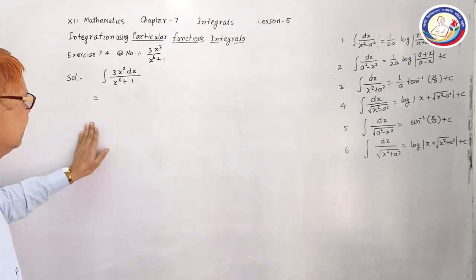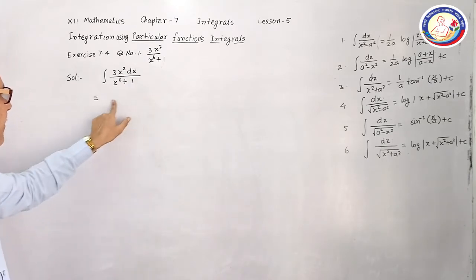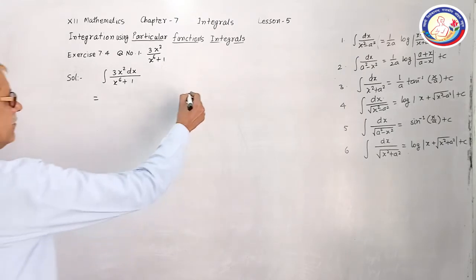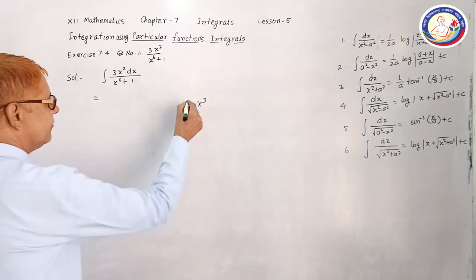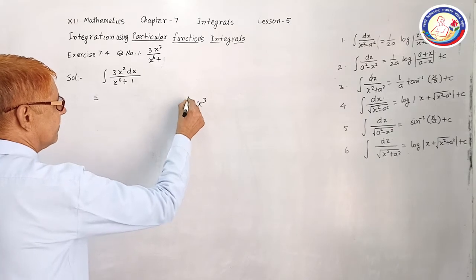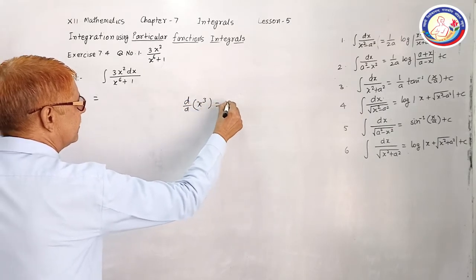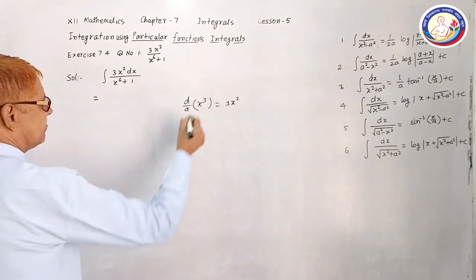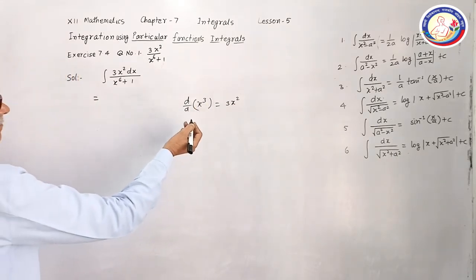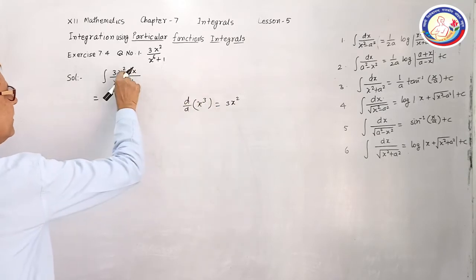If we inspect this, the derivative of x cube is 3x square, and it is present in the numerator.